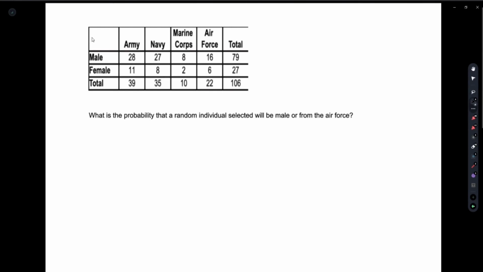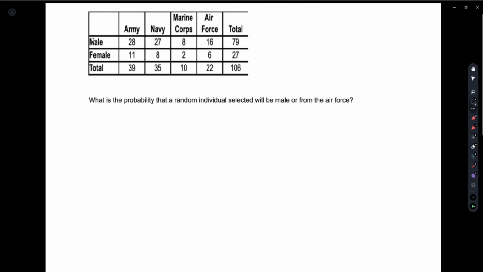Okay, so same idea again, but this time instead of a deck of cards, we have a table. What is the probability that a random individual selected will be a male or from the Air Force? So first we get the probability of the male and then the probability of anyone being from the Air Force, and then we subtract the intersection.